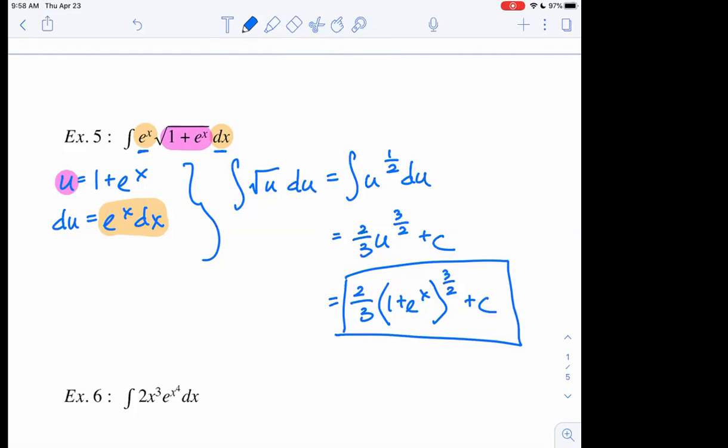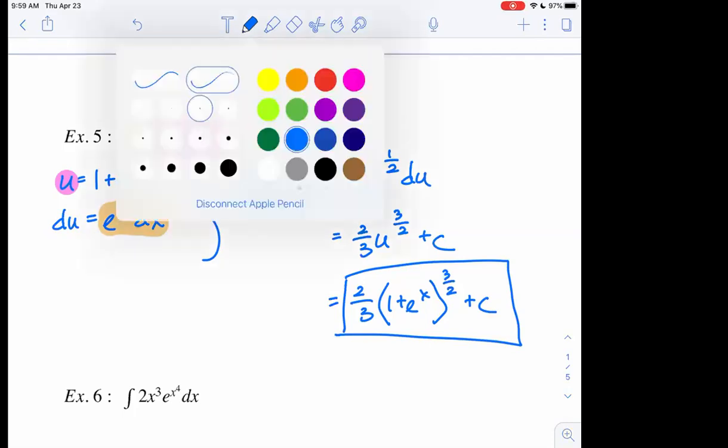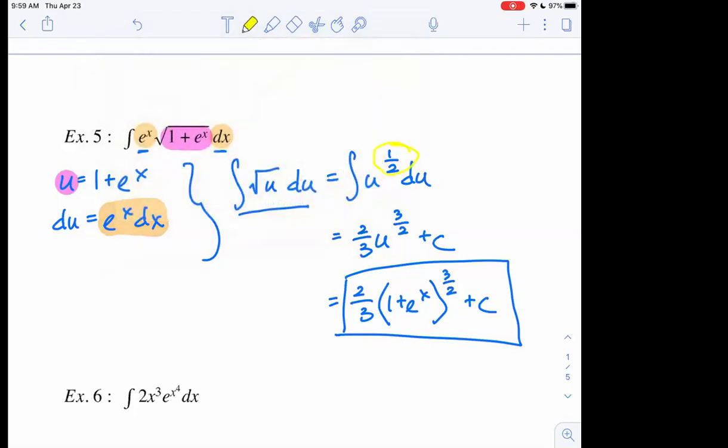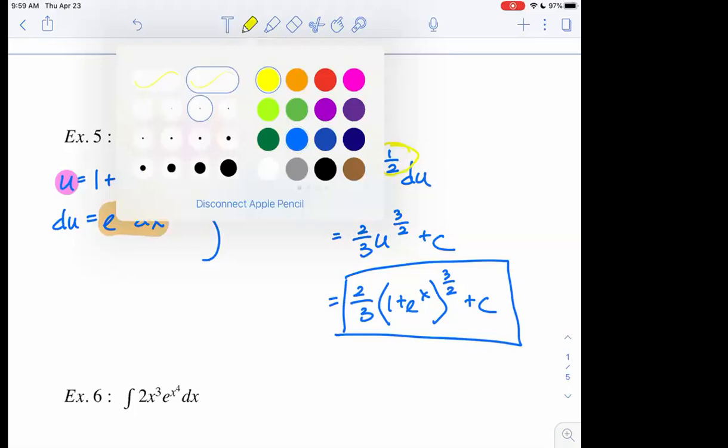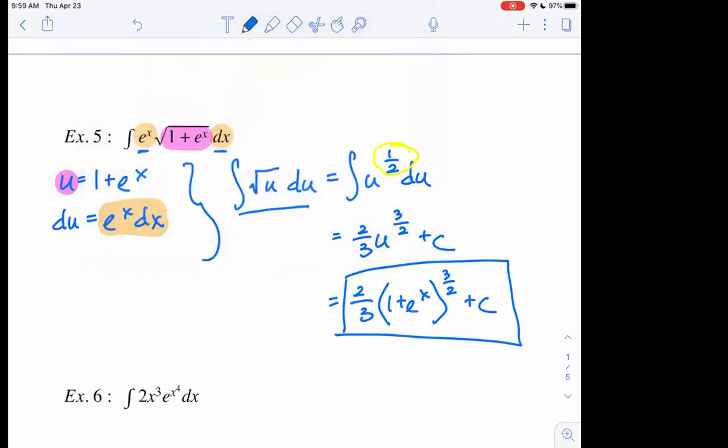And then when I substituted everything in, I got the integral of the square root of u du, which I knew that I should write as this power of 1/2 here. And once I wrote it as the power of 1/2, I could see that I needed to use the power rule. So I did 1/2 plus 1.